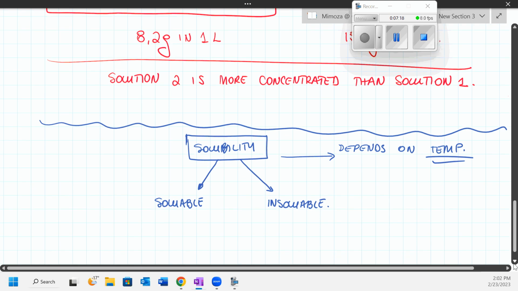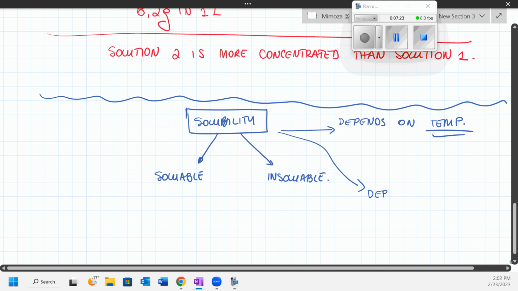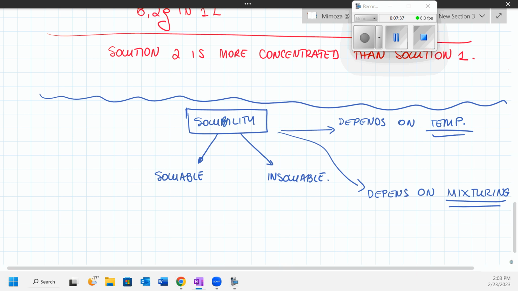Another factor is mechanical mixing. Okay, so you probably know, and have experienced every day, that as soon as you put salt or sugar into a glass of water, you stir it.